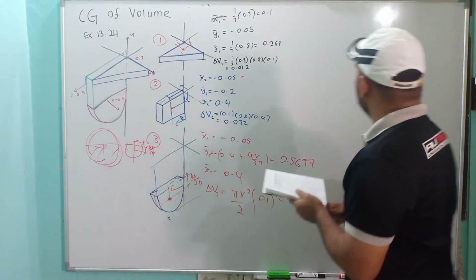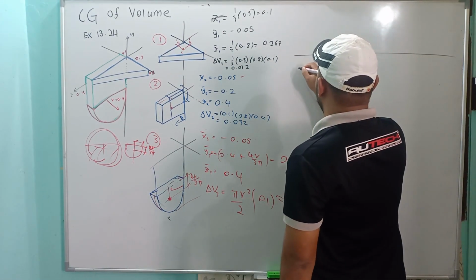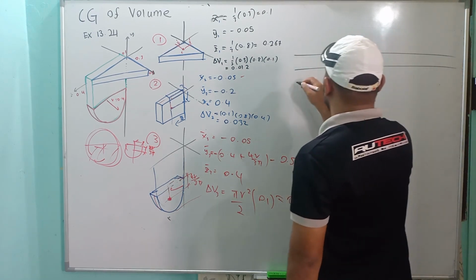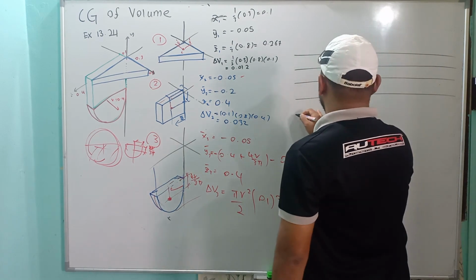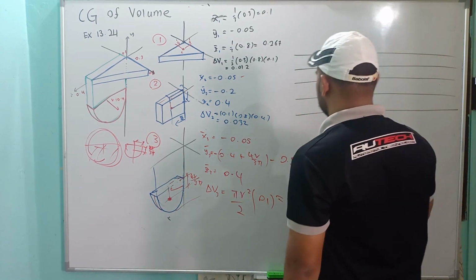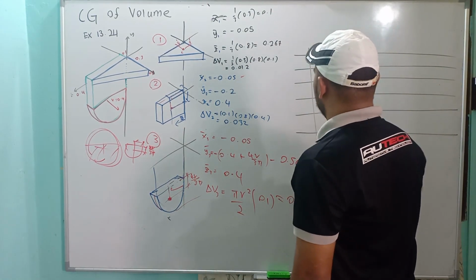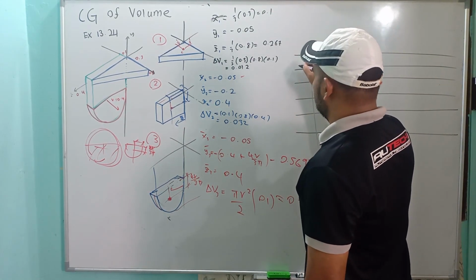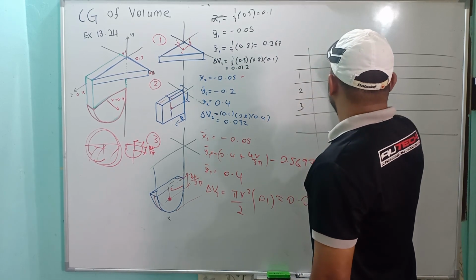So I have to do it for every component. So 1, 2, 3, 4, and 5. I have the components, which start from here, 1, 2, and 3.